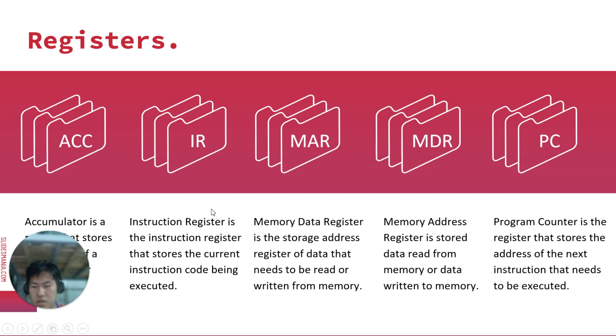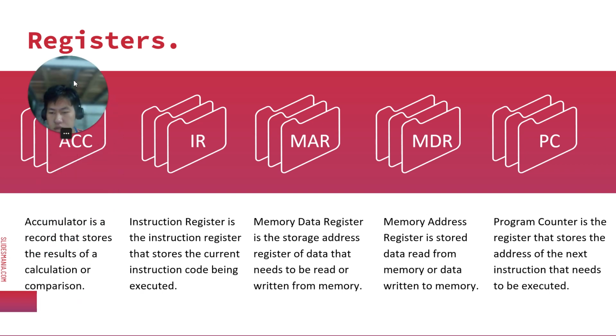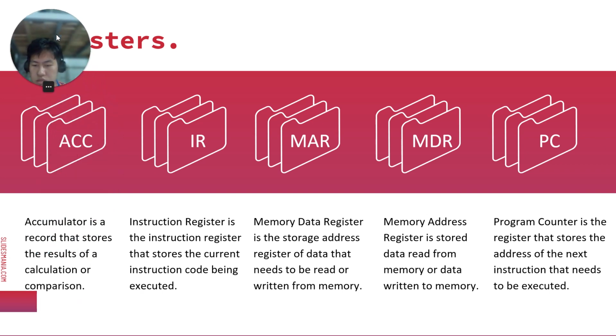ACC is the accumulator. It is used to store the result of a calculation or comparison. When a calculation or comparison is done, the result is stored in the ACC. The result can be used in further calculations or comparisons.